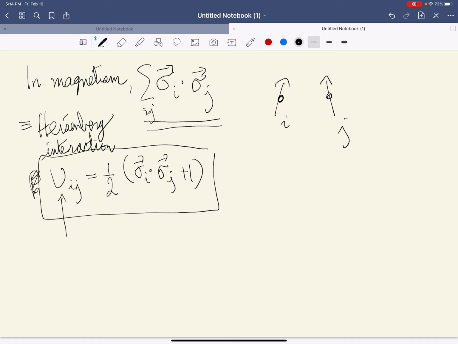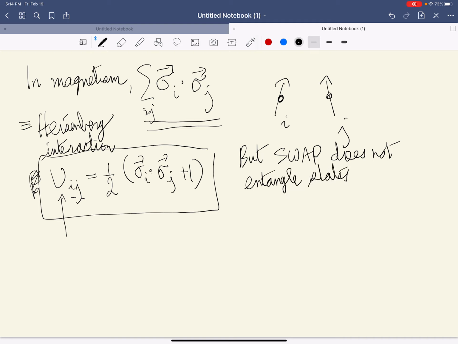So changing the content of the two spins, one at site i and the other one at site j, is equivalent to the Heisenberg interaction up to an overall constant. But notice that the swap operation does not entangle states.